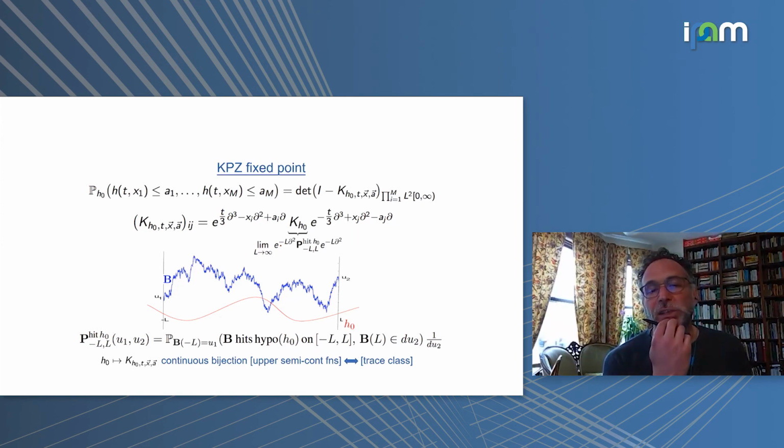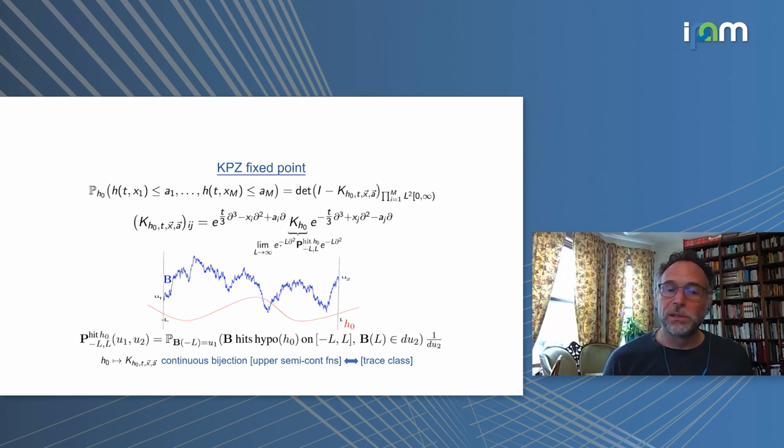It's just a base kernel, KH0, which is given by probabilities of a Brownian motion to go from U1 to U2. Here it's written as hitting the initial data, and surrounded by this simple evolution equation involving d cubed.